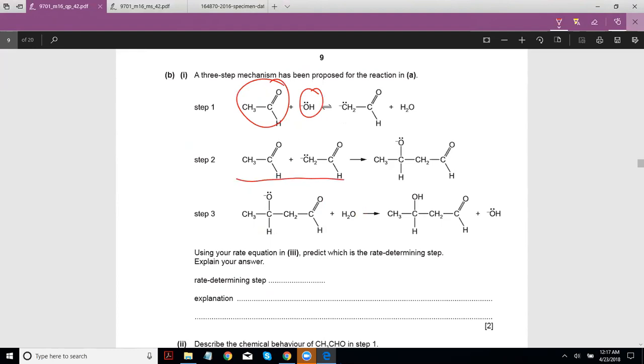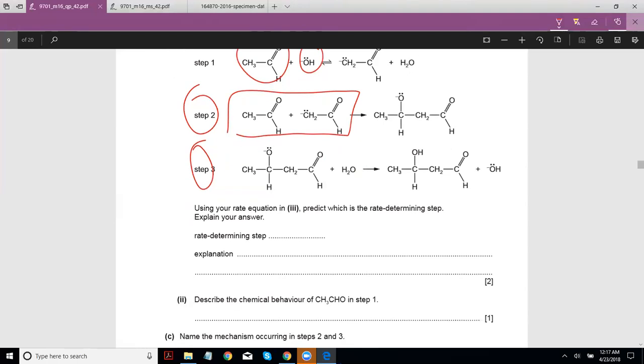You just need one. Both step 2 and step 3 are independent of the concentration of OH. They do depend on it, because they depend on the previous reaction. True, but that particular step is not directly. Just move on.